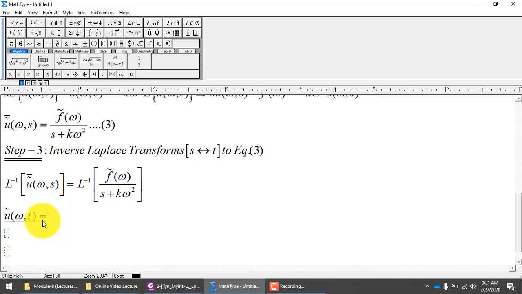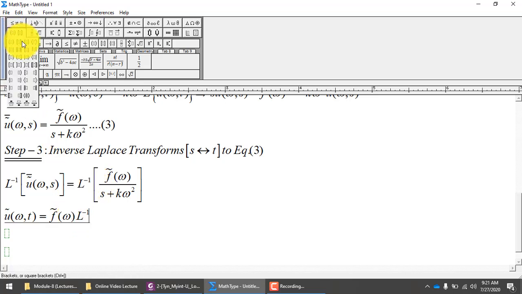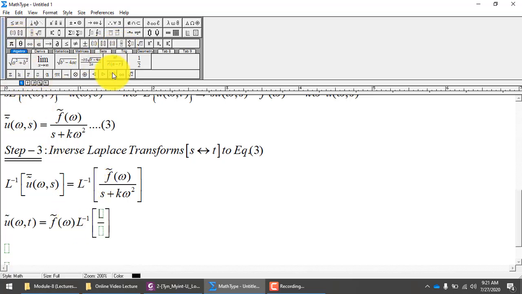On the right hand side, f tilde is not a function which includes s, so there is no s there and it will be eliminated, and you can write the Laplace inverse of the given function, which is the ratio 1 over s plus k omega square.